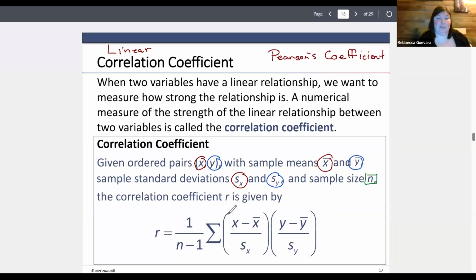So the correlation coefficient is going to be 1 over n minus 1, so it's like that adjusting for a sample thing again. It would be the summation of each x value minus the mean, divided by the standard deviation for your x's, times each y minus its mean divided by the standard deviation of the y's.